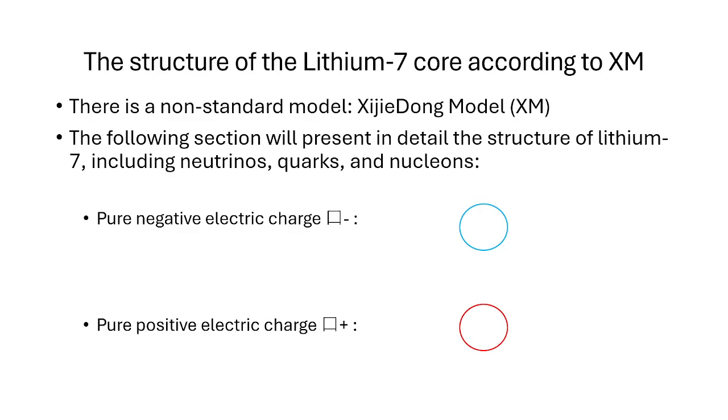Pure negative electric charge is represented as a void sphere, and the pure positive electric charge is a red sphere.